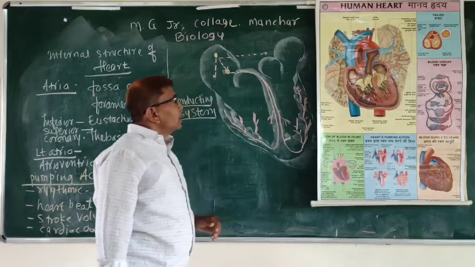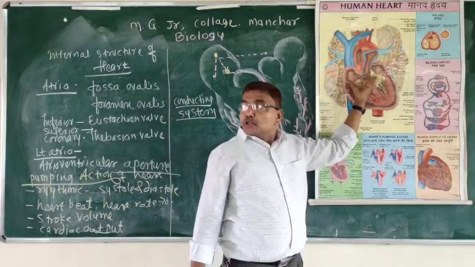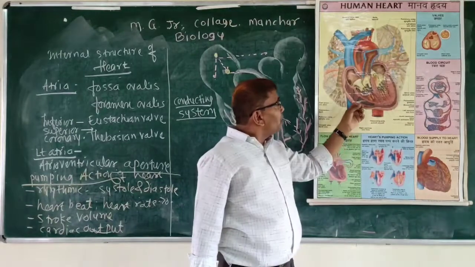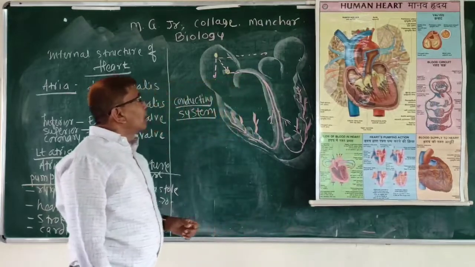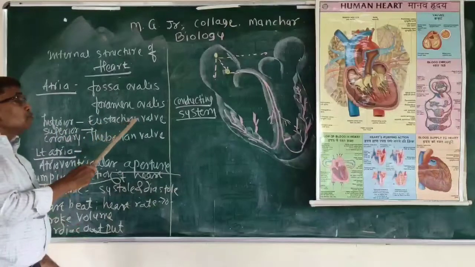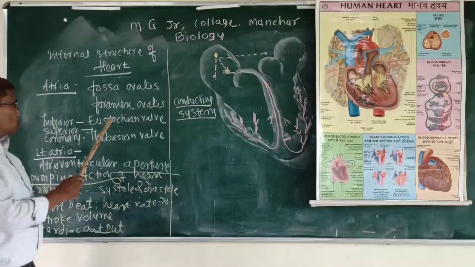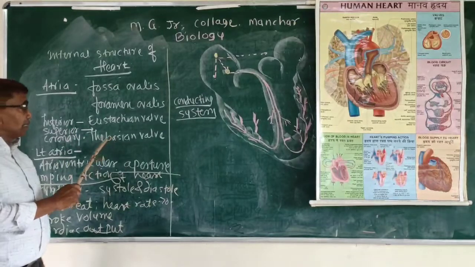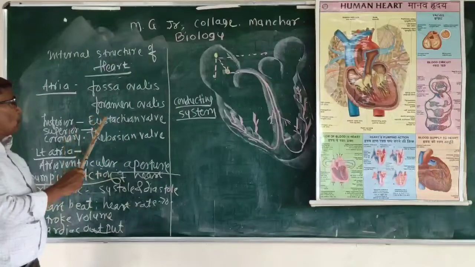In the heart, there is rhythmic contraction and relaxation, so chances of blood backflow are more. To avoid this, muscular valves are present. At the opening of the inferior vena cava, there is the Eustachian valve, and the coronary vein's mouth is guarded by the Thebesian valve, which prevents backflow of the blood.